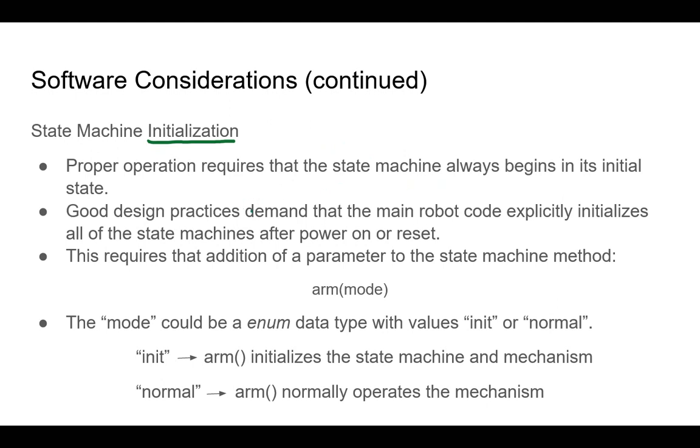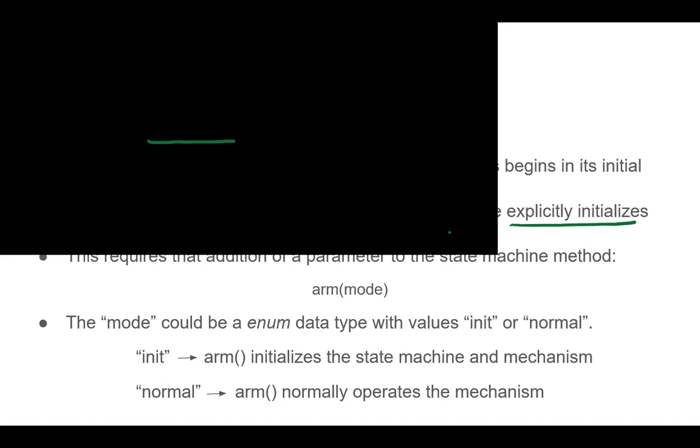You say, well, when we just power it on, everything will be initialized and that's fine. But we've found out that it's a lot better to explicitly initialize. So every time you start, let's say, in teleop or in autonomous, you explicitly initialize all of the states.